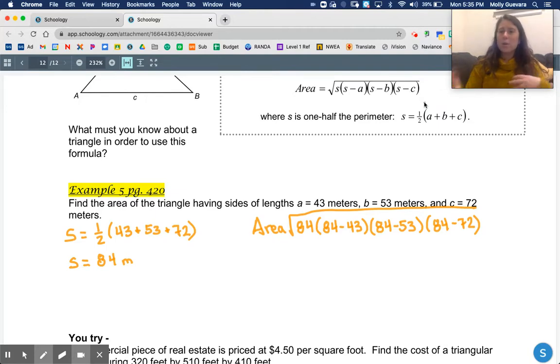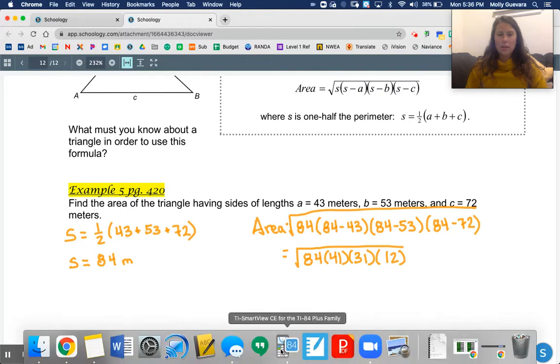So just always be aware of how these formulas still work for triangles, even if they're not labeled ABC, right? All right, so this gets me 84 times 41 times 31 times 12.